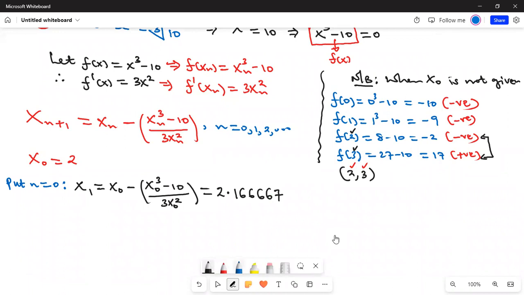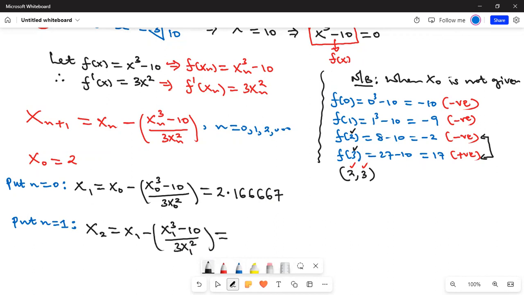What about when n is equal to 1? That means you are going to get x2. So our x2 will be equal to x1 minus x1 cubed minus 10, everything over 3x1 squared.